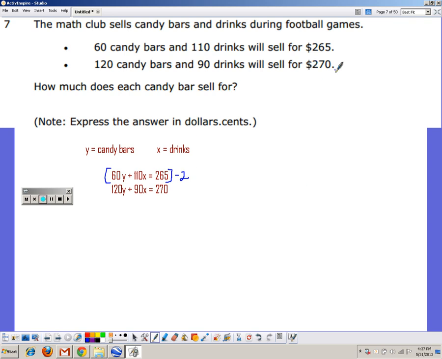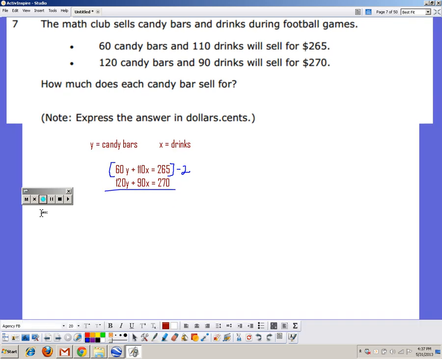So that we wind up with a negative 120y minus 220x equal a negative 530.